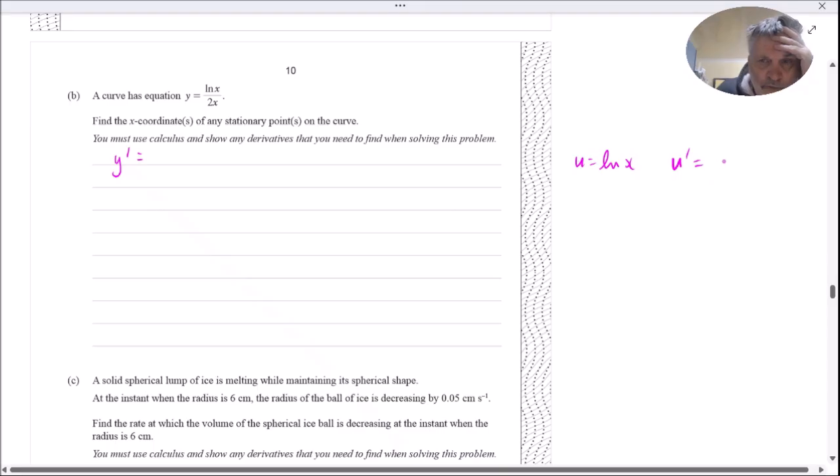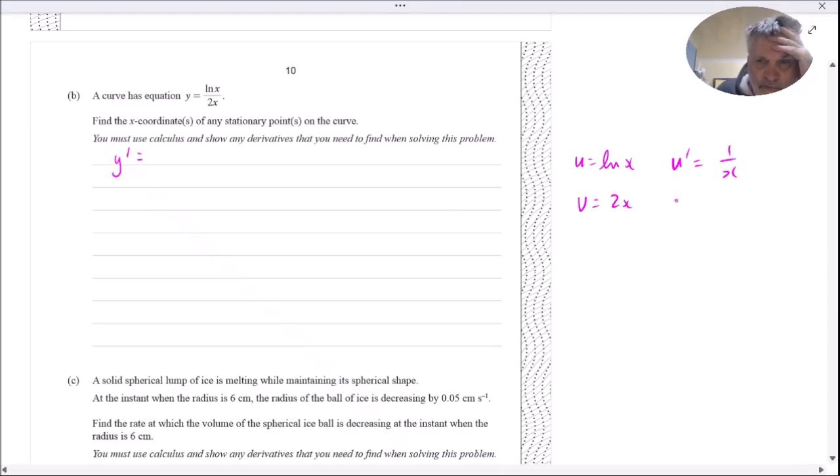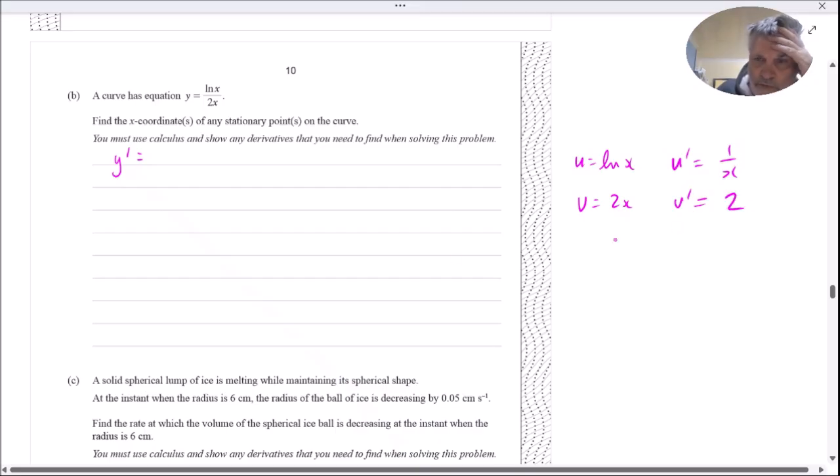The derivative of u is therefore 1 over x, and v is 2x, and the derivative of v is therefore 2. So we write down the denominator, 2x, multiply by the derivative of the numerator, 1 over x, minus, write down the numerator and multiply by the derivative of the denominator, divided by the denominator, all squared.